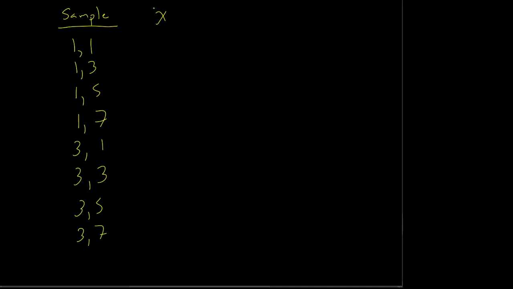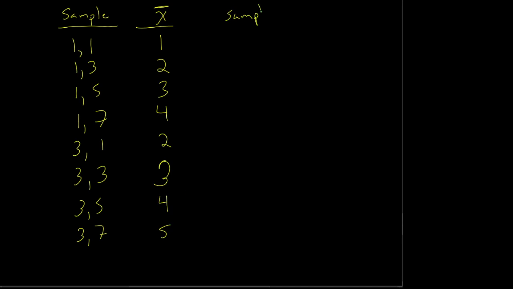Well, if I take the average of my experiment, 1 plus 1 divided by 2 is 1. 1 plus 3 divided by 2 is 2. 1 plus 5 divided by 2 is 3. And so these are the possible experimental averages I can get. Let me write all of them down, all of my experimental averages and all my samples.